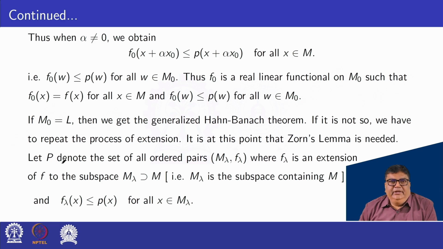Let P denote the set of all ordered pairs (M lambda, f lambda), where f lambda is an extension of f to the subspace M lambda, a superset of M. That is, M lambda is a subspace containing M, and f lambda of x is less or equal to p of x for all x belonging to M lambda.